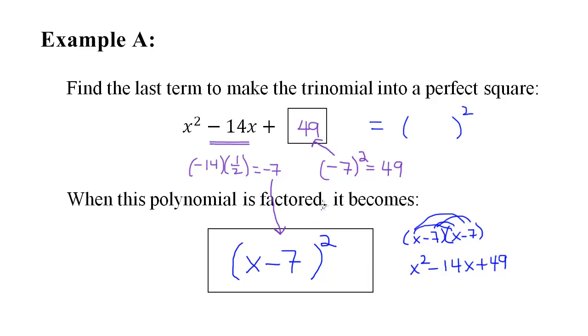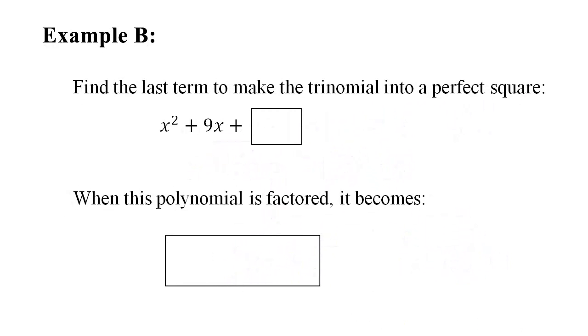Let's take a look at one last example where we create a trinomial that will factor as a perfect square. Let's take x squared plus 9x plus blank.